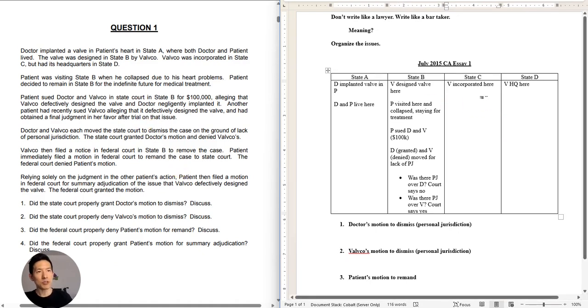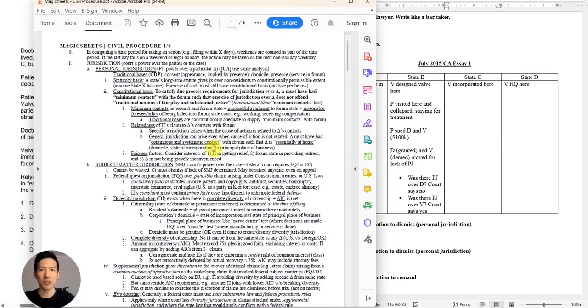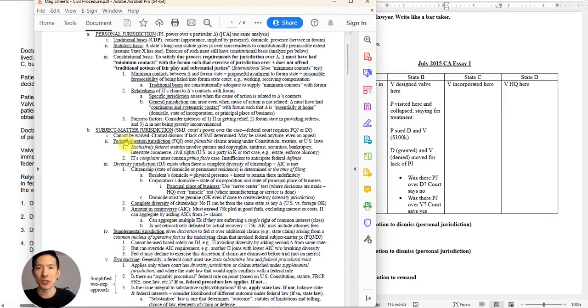Yeah, so Valveco was incorporated in state C, meaning there's a special different rule for corporations. It may go to the question of domicile, so let's check our magic sheets. Corporation's domicile. So the corporation is domiciled where it is its state of incorporation, and or the state of the principal place of business.